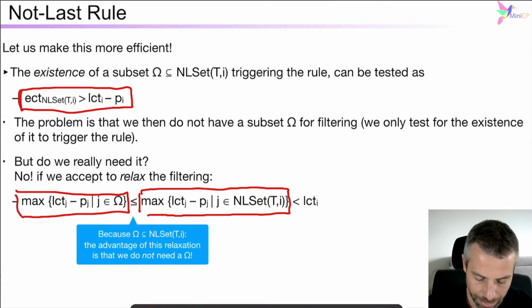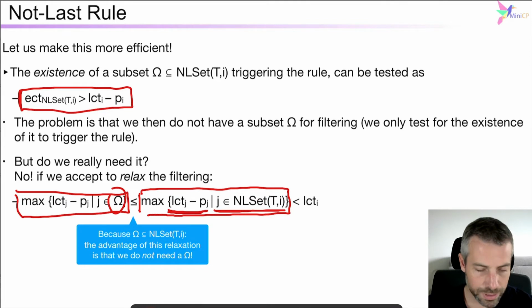We will take the maximum of the latest completion time of J minus the processing time of J for all the activities in the not last set. So we don't really bother about taking the maximum for the omega. We will simply take the whole set so that we possibly have a weaker filtering, but still it's a valid one.